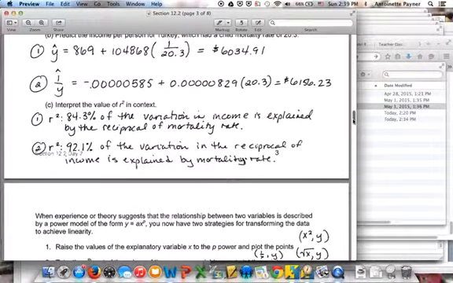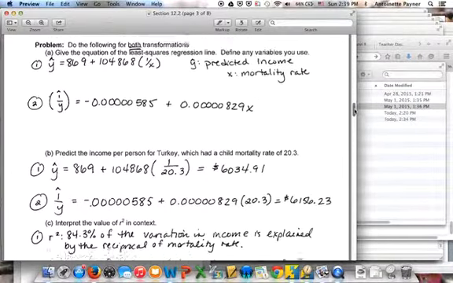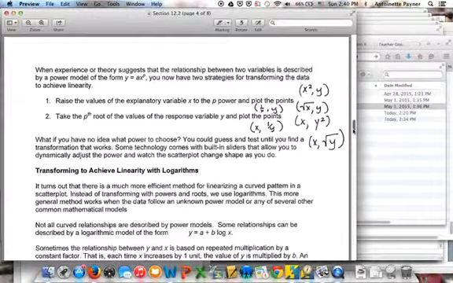You could also see from this that probably the second transformation is a little bit better since the r squared is higher, so it's probably preferable to transform the income as opposed to transforming the under 5 rate. But what you can see here is that I took data that, when I just plotted it as x and y, didn't look very linear, but I changed one of the variables, and now I have a linear relationship. So I can go back and use what I am familiar with.